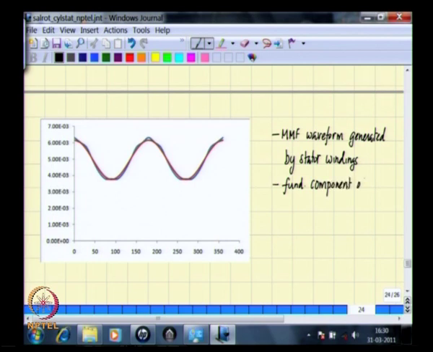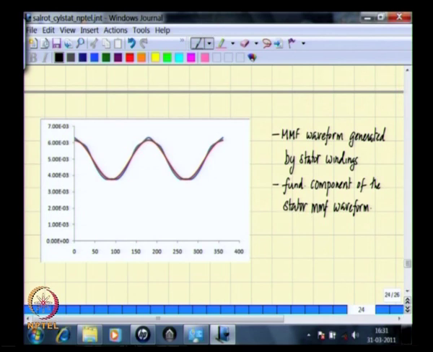of the stator MMF waveform. The stator MMF, for a given angle of the rotor, the stator would generate an MMF that has different values as you travel around the inner circumference of the stator.